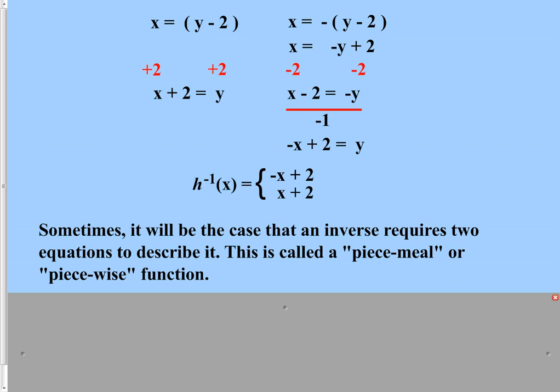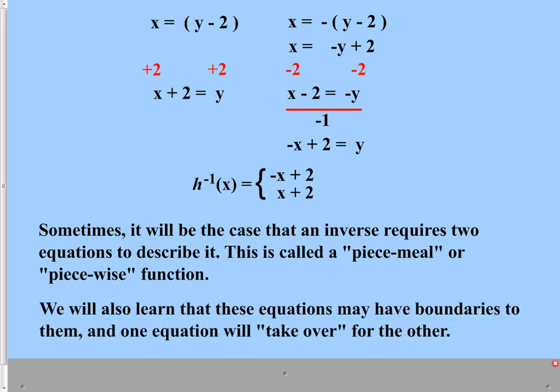I'll get into the why of all of this at a later date, but for right now, just understand that sometimes it will take two equations to describe a particular type of graph, and this usually happens when we have graphs that are not functions, and this particular inverse is not a function. For lack of a better way of putting it, it overlaps the top of itself so that there are x values that have more than one y.